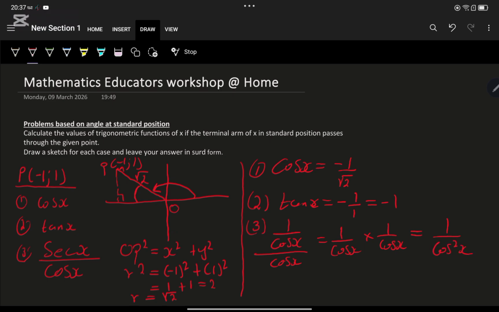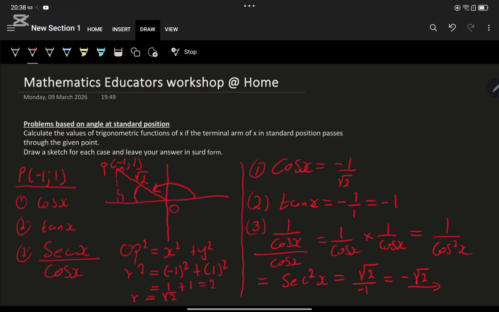What is 1 over cos squared x? It is the same as sec squared x, because sec is the reciprocal of cos. Now, what is the ratio of the reciprocal of cos? It is r over x. So this is equal to the square root of 2 divided by -1. Therefore, the answer is negative square root of 2. So this is the final answer.